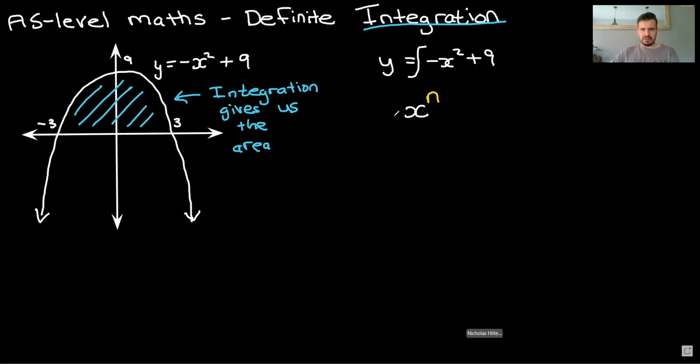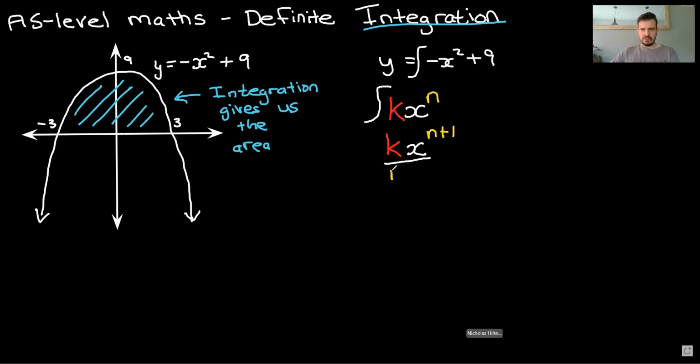To find the integral, we would add 1 to the n, so n plus 1, and then stick the k in. K wouldn't change, but we would also divide by that n plus 1.